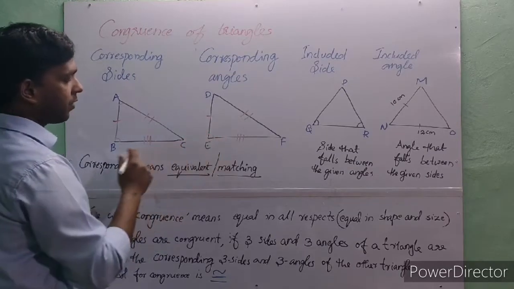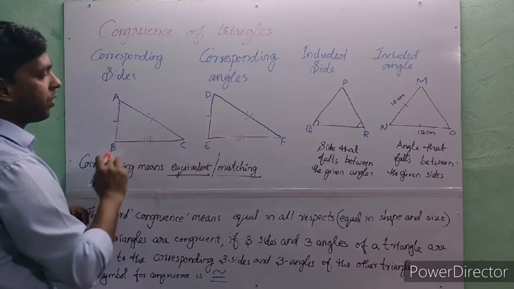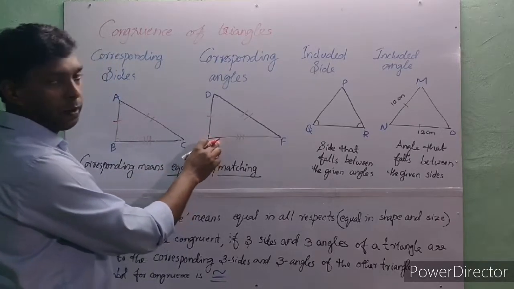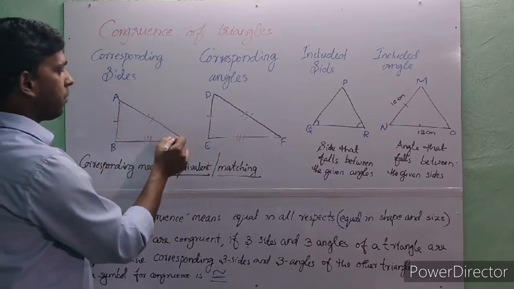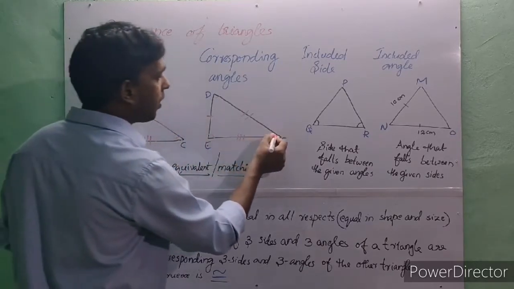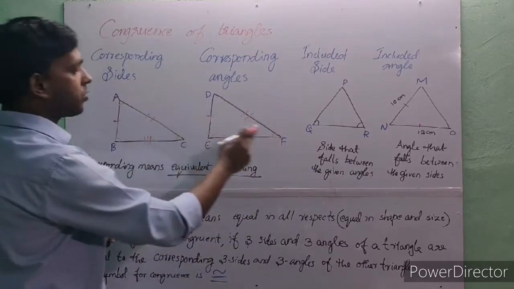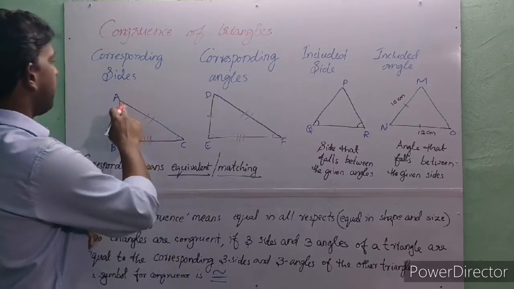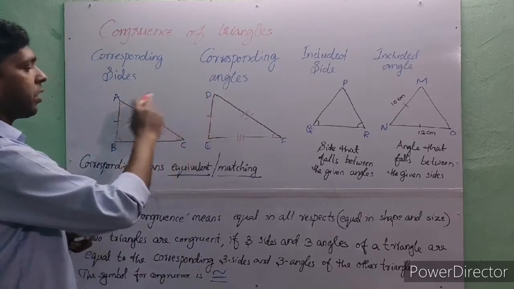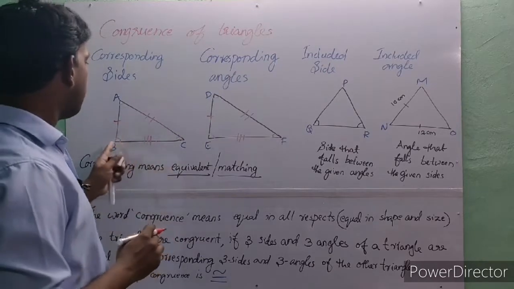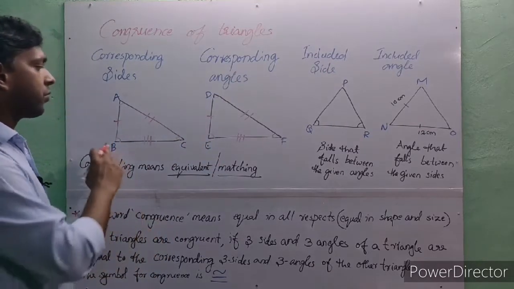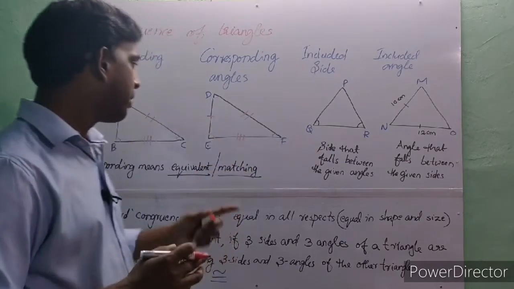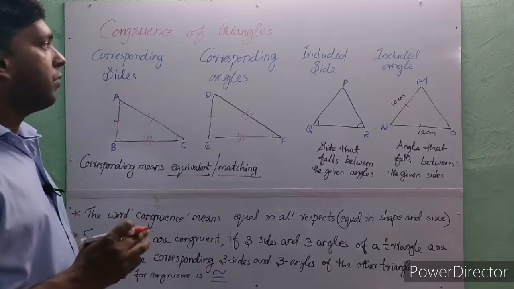B and E. So angle B is corresponding to angle E because these two are matching. Now angle C is corresponding to angle F because they are equivalent or matching each other. So angle A is corresponding to angle D because they are matching angles. Angle B is corresponding to angle E because they are matching or equivalent. Angle C is corresponding to angle F because they are equivalent or matching with each other.